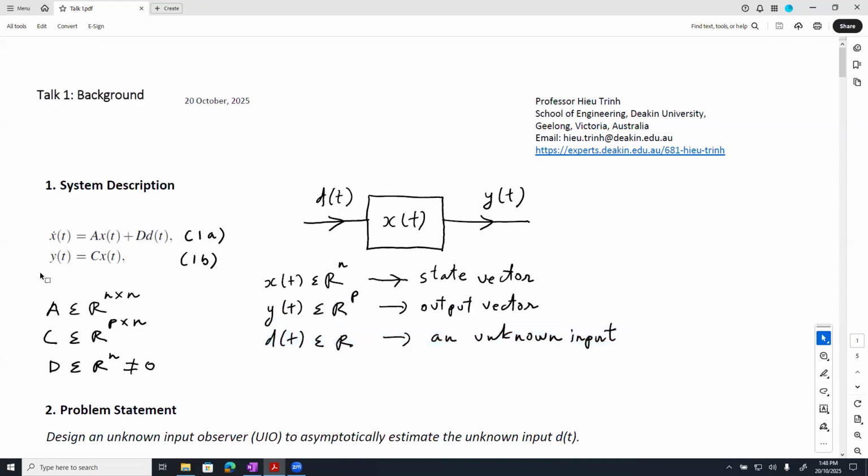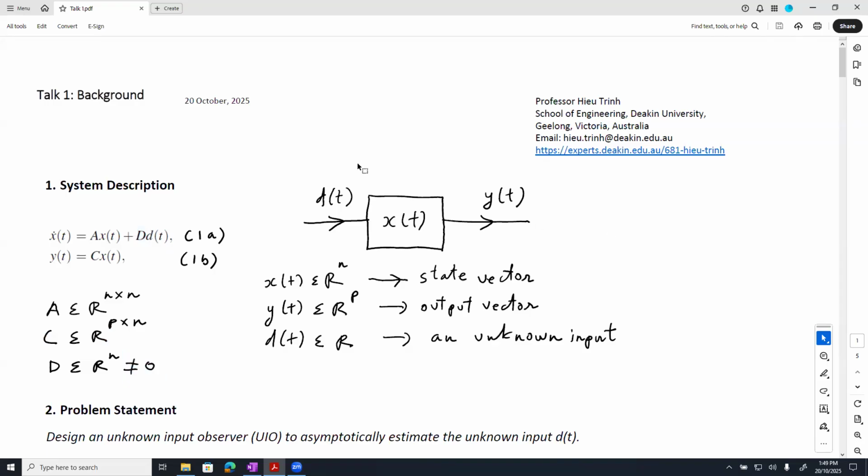So in this model, matrix A is a square matrix of dimension n by n. C is the output matrix of dimension p by n. And because d of t is just a single input, matrix D is a column matrix and it should be non-zero.